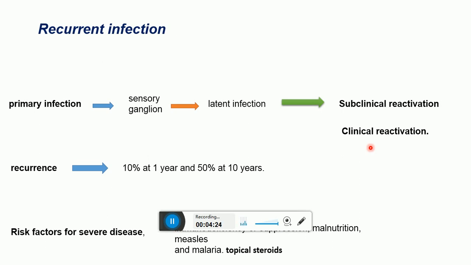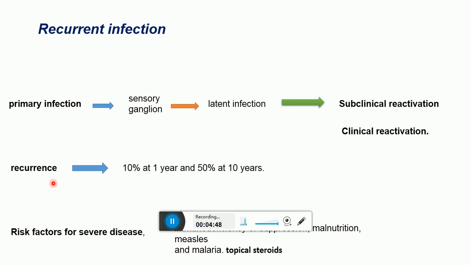The virus replicates and is transported in the sensory axons to the periphery during clinical reactivation. The pattern of disease depends on the site of reactivation, which may be remote from the site of primary disease. Hundreds of reactivations can occur during a lifetime.